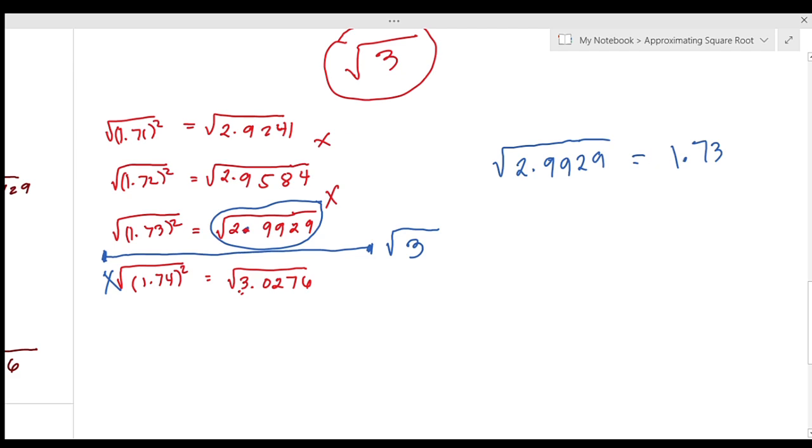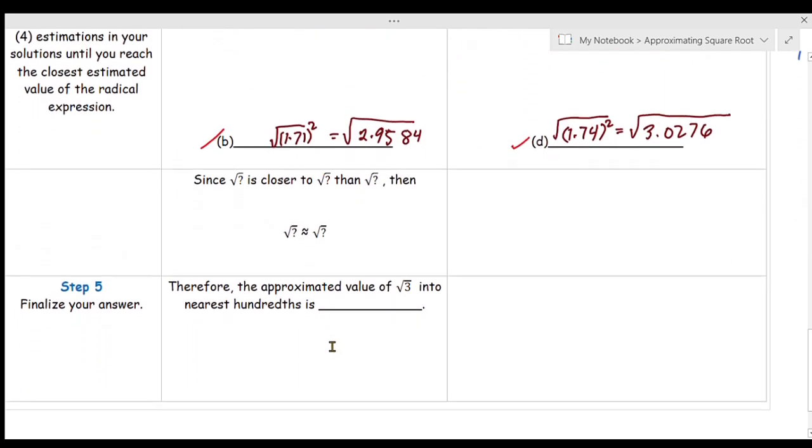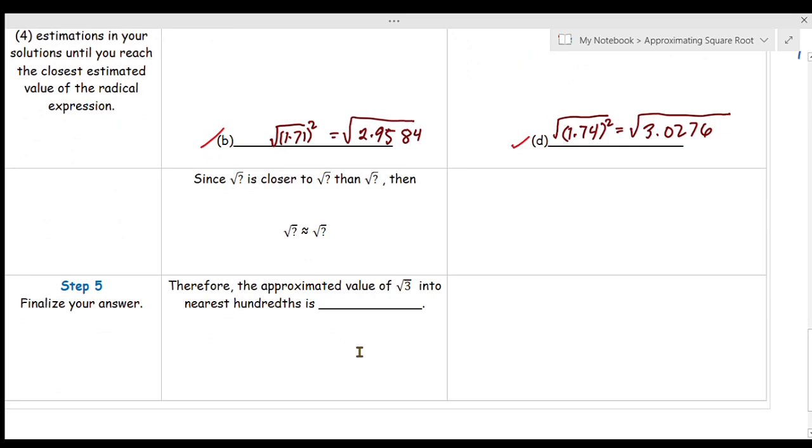So, we need to finalize our result. Since meron na tayong nakuha na result, which is 2.99, the principal root of 2.9929 is 1.73.